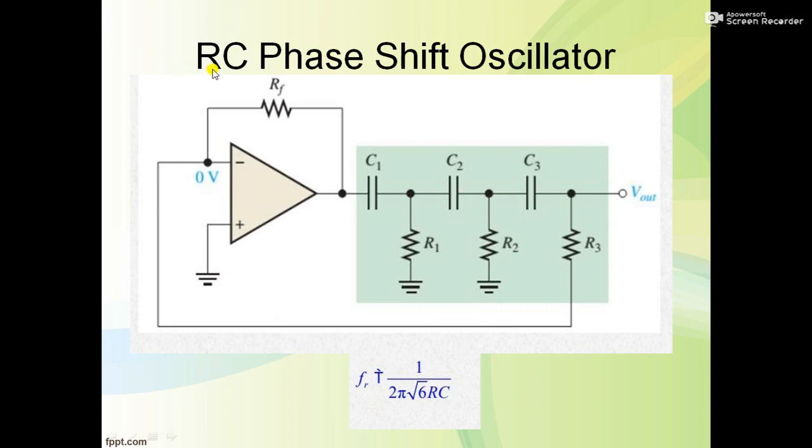So next in this slide I will discuss the types of the oscillator. The first type of the oscillator is the RC phase shift oscillator. Why is it called RC? In the feedback network we are using the RC network, a resistor capacitor network.